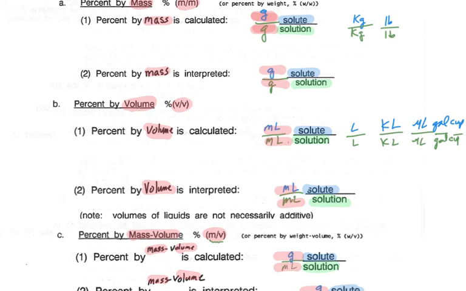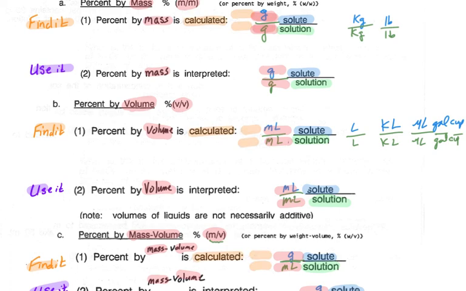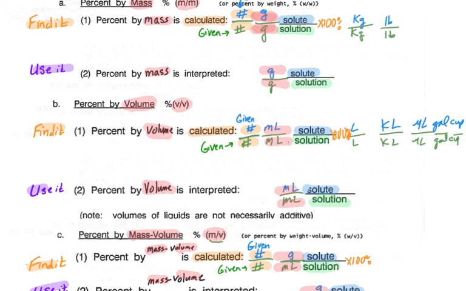For each of these, there are 2 major types of calculations. They are find the percent, that we call find it, and use the percent, what I call use it. So in the find it percent, it's going to say how we calculate the percentage. For those questions, we're always going to look for the amount of solute on top of the amount of solution given in the question, and then multiply by 100%.